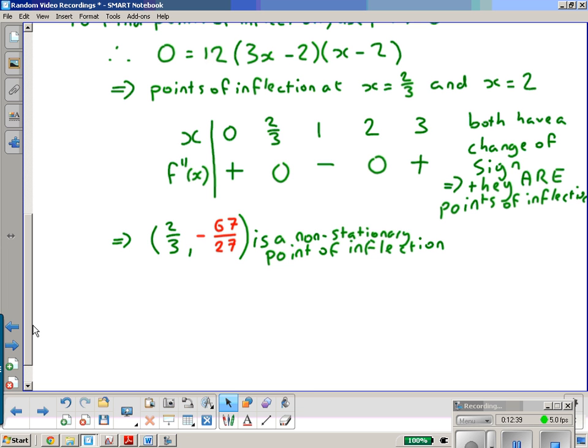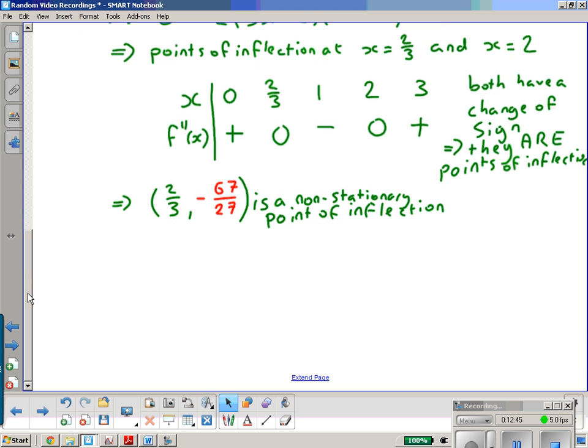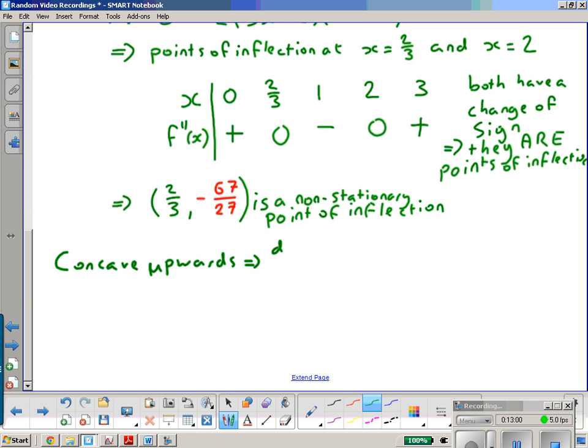Now we're going to look at concavity. That was the next thing asked in the question. And concavity, remember, is also using f double dashed. So concave upwards implies that f double dashed of x is bigger than 0.